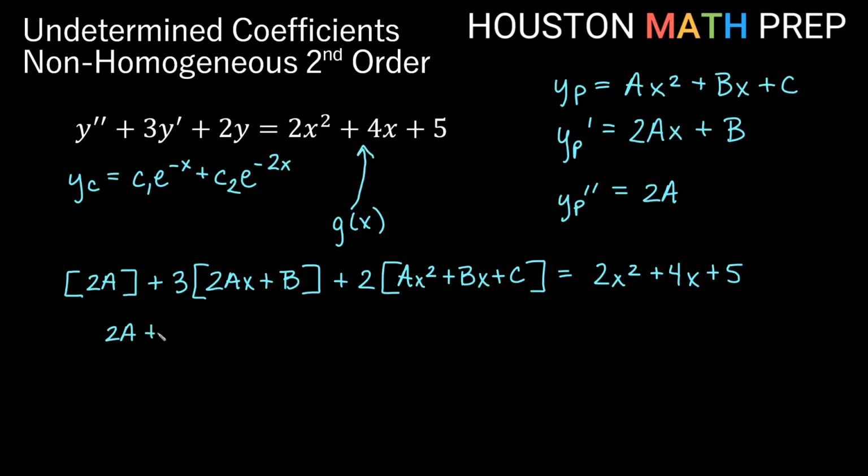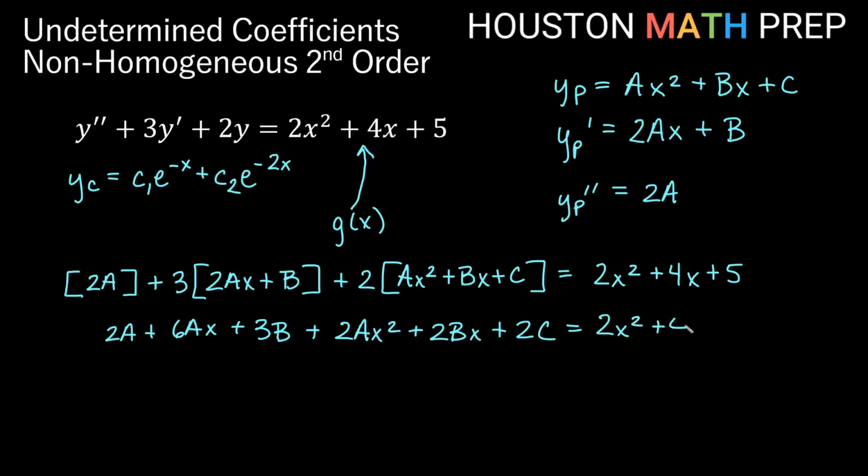So we get 2a plus 6ax plus 3b plus 2ax squared plus 2bx plus 2c is equal to all of this on the right.